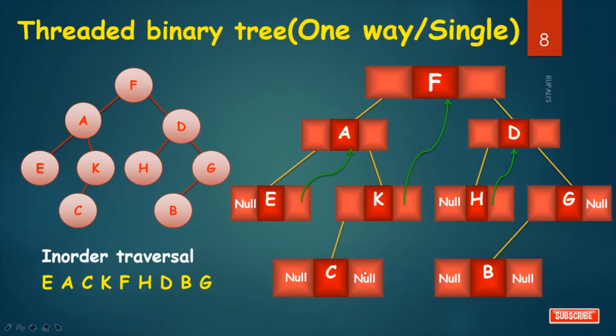Now, in case of C, this null will be replaced by the address of K, and in case of B, this null will be replaced by the address of G.